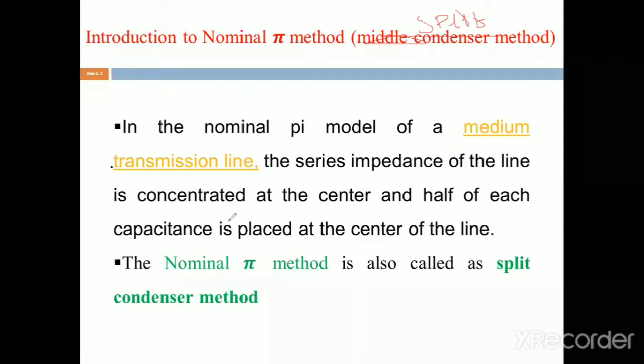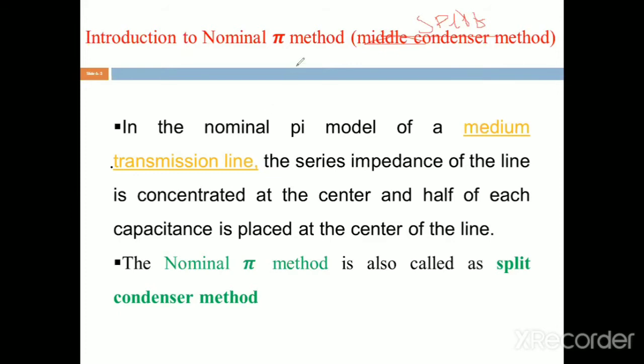At each end we connect a capacitance: the first half is connected at the sending end side and the second half at the receiving end side. The nominal pi method is also called the split condenser method.